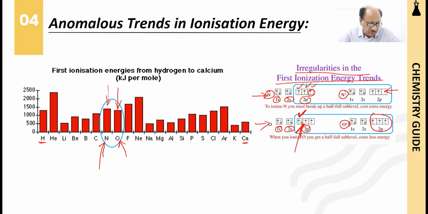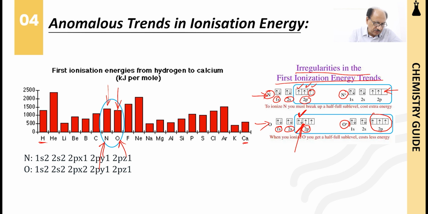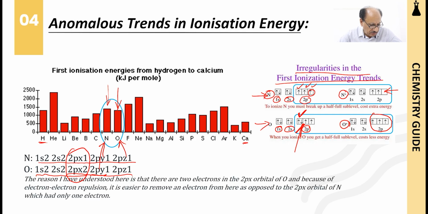So this is the anomaly which we discussed. And if we see the electronic distribution, in case of nitrogen it is 1s2, 2s2, 2px1, 2py1 and 2pz1, whereas in oxygen it will be 1s2, 2s2, 2px2 and 2py1 and 2pz1. So you can see this difference between nitrogen and oxygen, and this is the reason behind this.